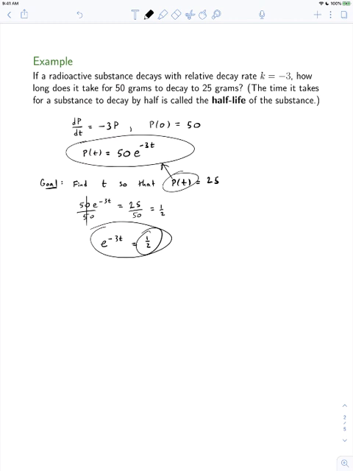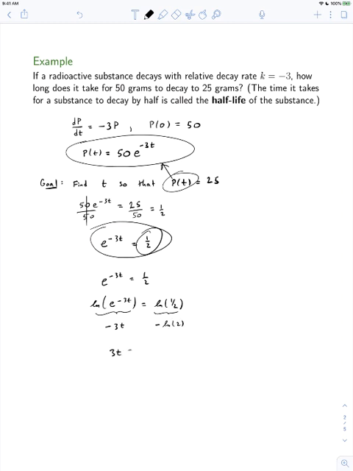So what is it actually going to be? Well, we know that e to the -3t is equal to 1/2, so we compute the natural logarithm of both sides. ln of e to the -3t is equal to ln of 1/2. Again, the ln and the e cancel because they're inverses, and you have -3t. What about on the right? Another way of writing ln of 1/2 is minus ln of 2, using the properties of the natural logarithm.